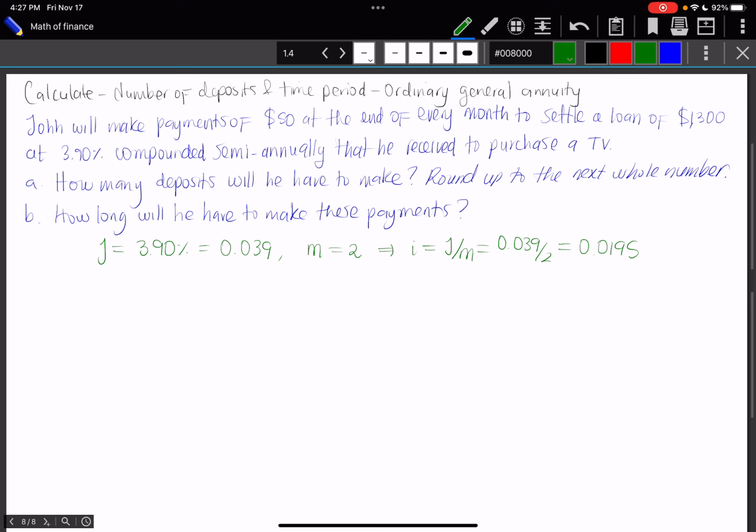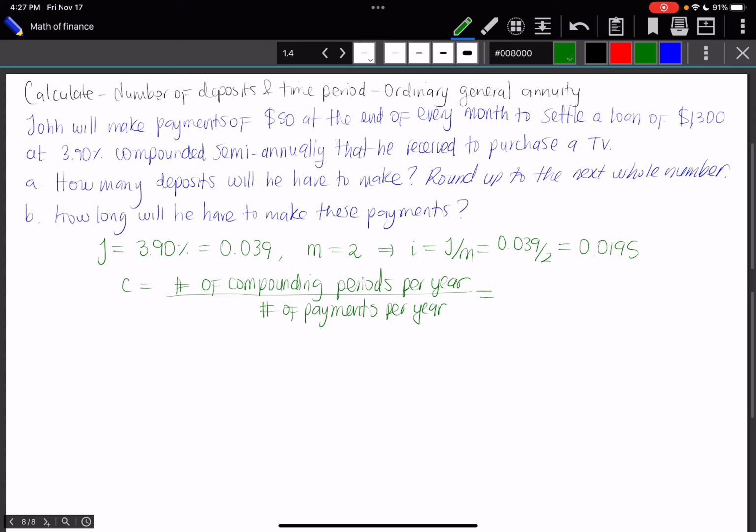Now, the number of compounding periods per year divided by the number of payments per year is given by c.